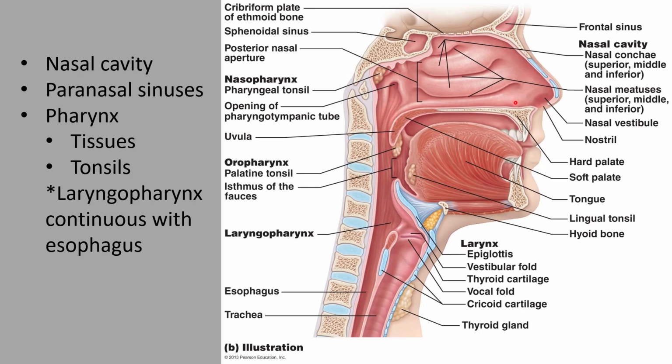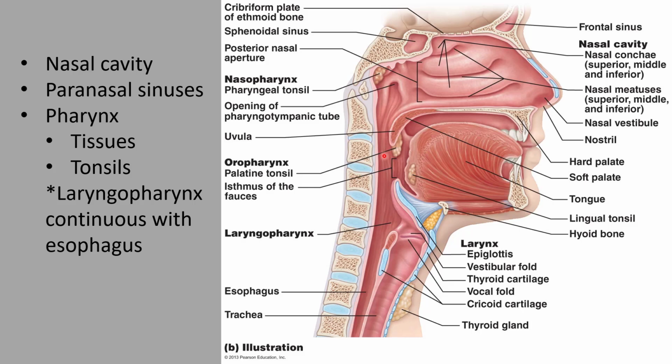So when we breathe things in, stuff in the air, whether it's debris or smaller things, viruses, bacteria, some of it gets caught in this pharyngeal tonsil, allowing our immune system to be exposed to it.